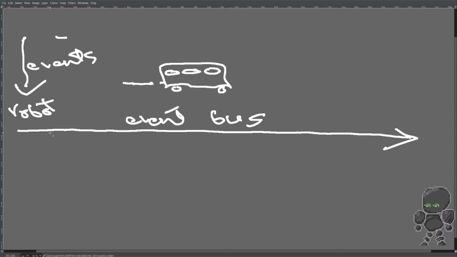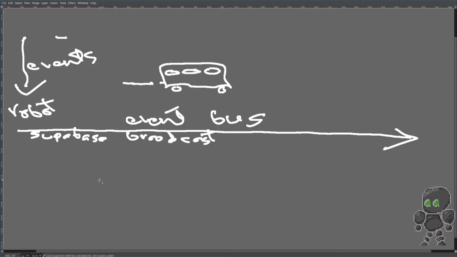So the thing about event buses, and in this case we're using the broadcast feature of Supabase. Supabase broadcast. Wow. I'll get better at this. The thing about this is that other things can subscribe to it.